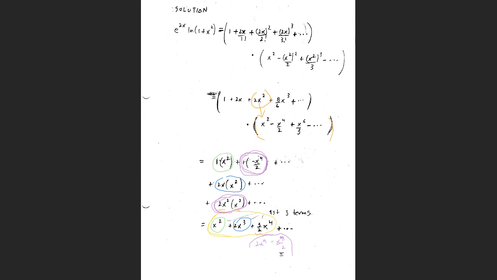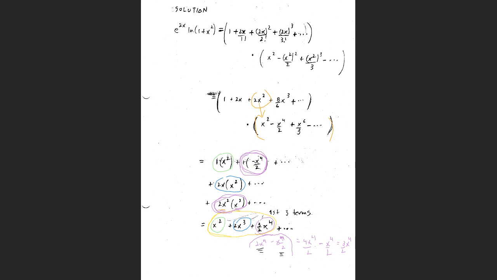And then the 2x squared times x squared is 2x to the fourth. So it's 2x to the fourth minus x to the fourth over 2, right? That's just going to equal 4x to the fourth over 2 minus x to the fourth over 2, and that gets you 3/2 x to the fourth. That's how we get the 3/2 x to the fourth here.